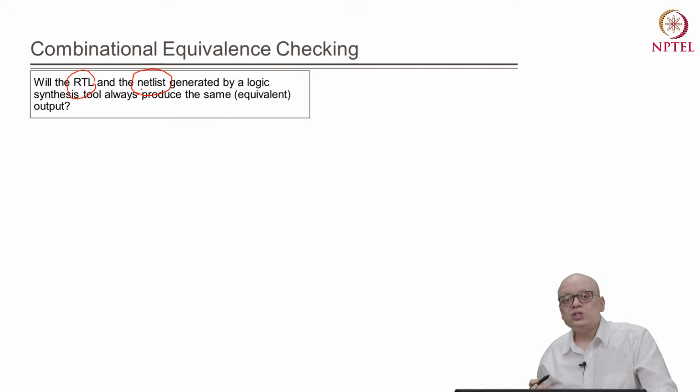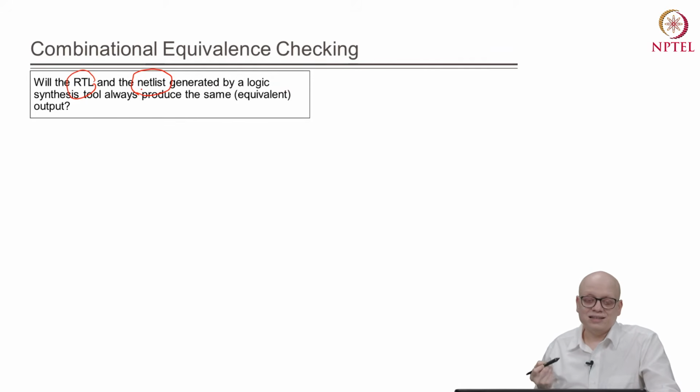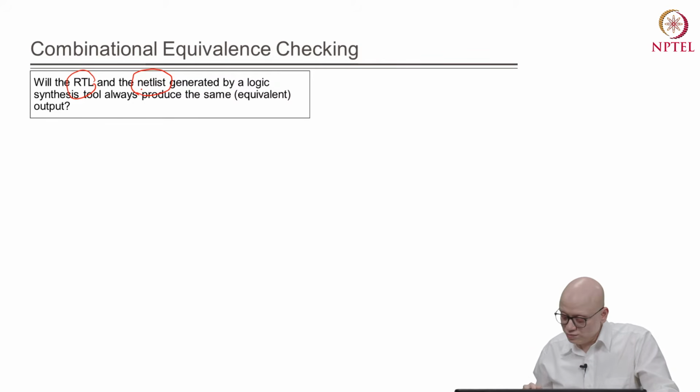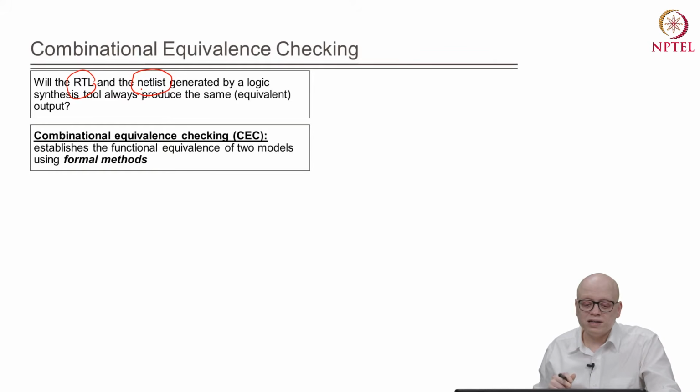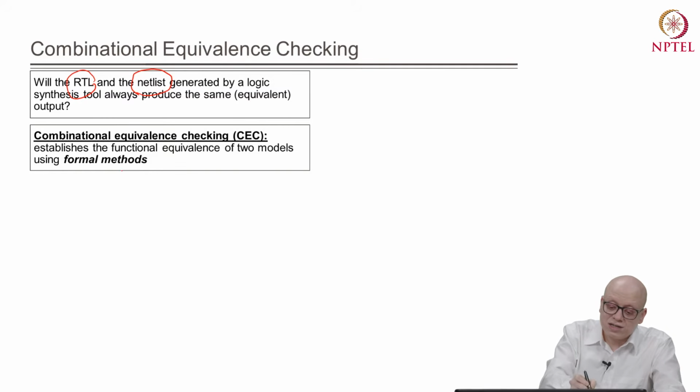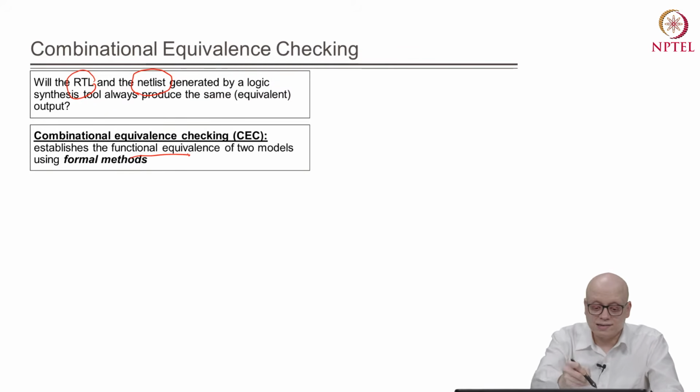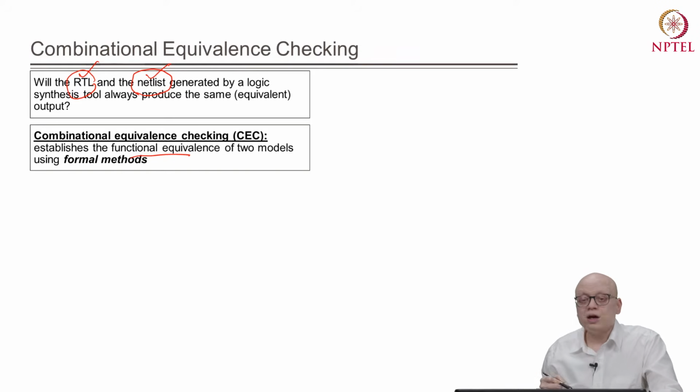Now, how do we make sure that functionally this RTL and the netlist are delivering equivalent function? To do this, we use a tool known as a combinational equivalence checking tool. This tool establishes the functional equivalence of the two models, in this case RTL and the netlist, using formal methods.